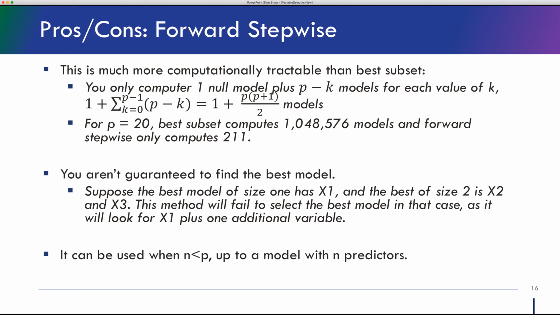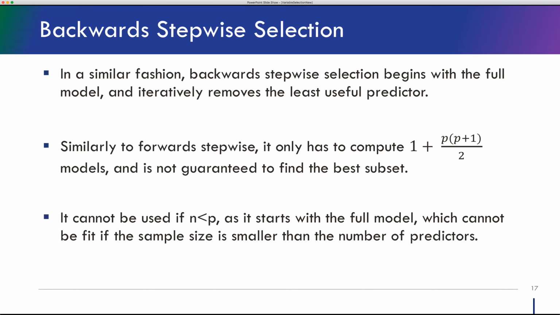Okay, and another stepwise selection is called backward stepwise. It's very similar. Backward stepwise selection begins with the full model and iteratively removes the least useful predictor.